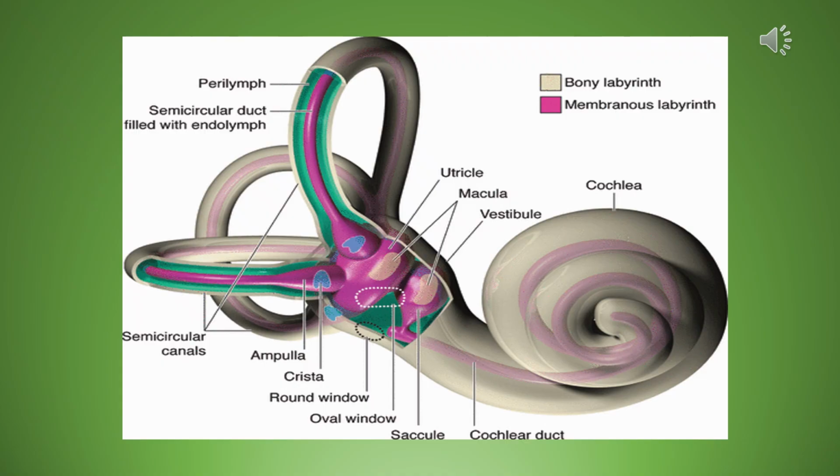The little hair cells have cilia. The cilia are bent by the moving of the fluid. The fluid moves if the head moves. So when the cilia are bent, then potassium channels are open, the epithelial cells depolarize, and the action potential is fired. In the saccule, we perceive motion in the vertical plane. That's up and down. If you get on an elevator, you know when it starts to go down and you know when it starts to go up. Well, that is the function of the macula sacculi.